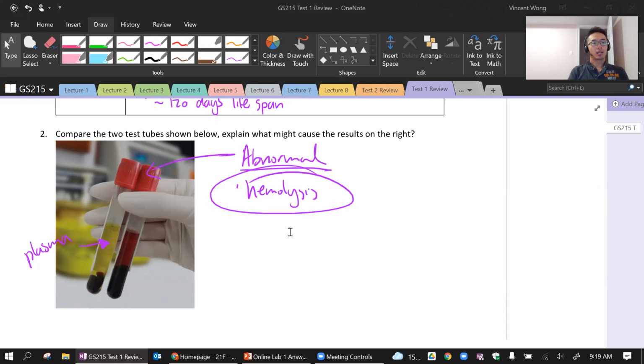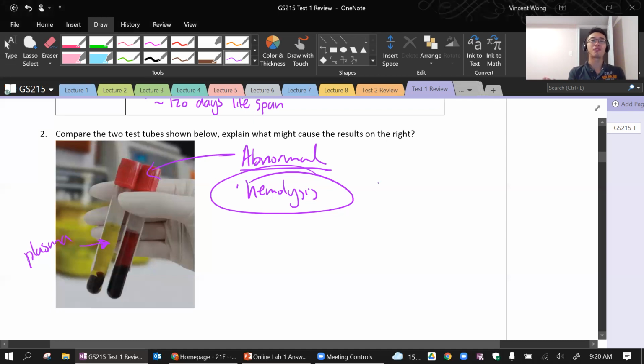Injuries? Okay, could be. Anyone else? Something that we talked about, guys. Could be injuries, but something that we talked about extensively in lecture 2. Really? Oh, I'm heartbroken. Nobody knows.